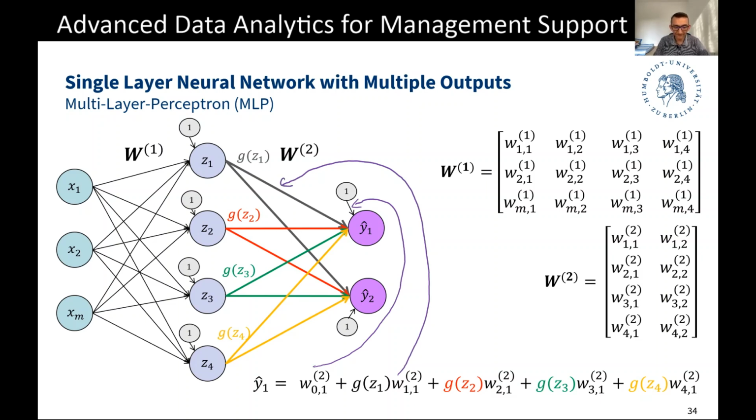And then we have the output of the second hidden layer node, g of z2, which we multiply with the weight W21. And maybe I should stop before you will not be able to see anything in the graph, or before I make errors.